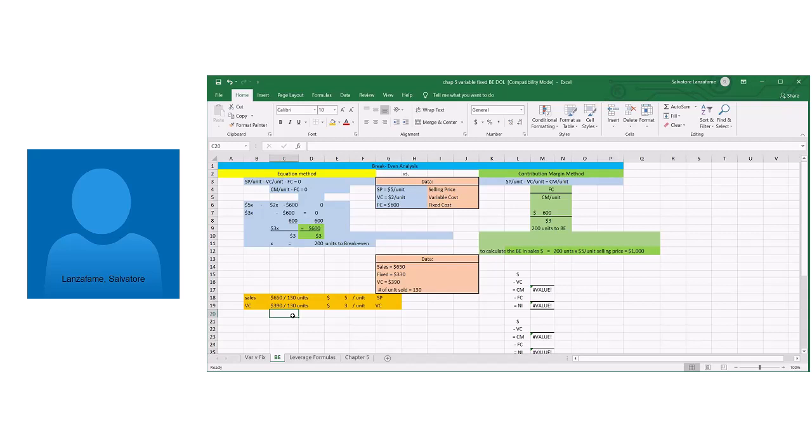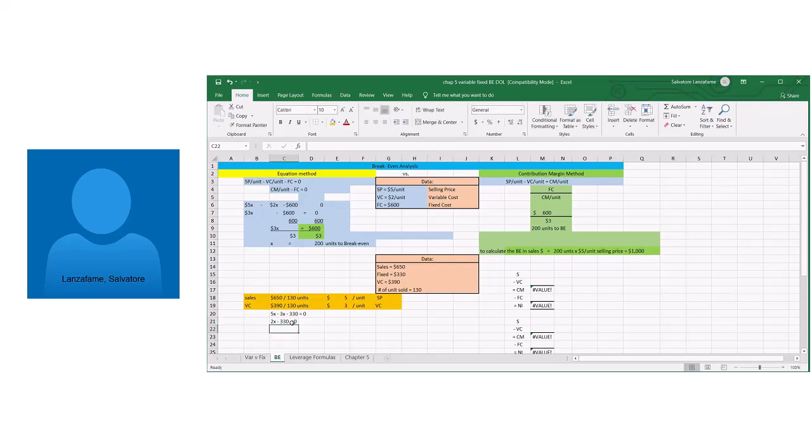So I'll do the equation method, so 5x minus 3x minus 330, and that's going to equal 0. Remember, if we're calculating break even, you got to set it to 0. 5x minus 3x is 2x, minus 330 equals 0.